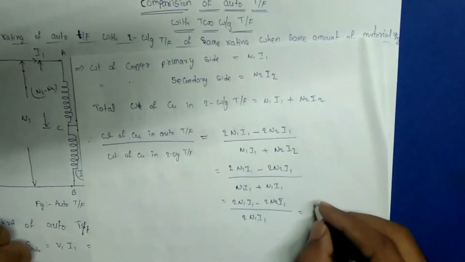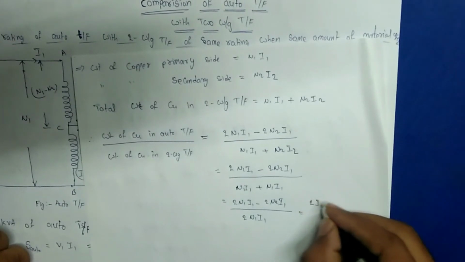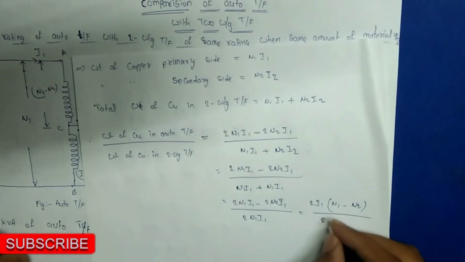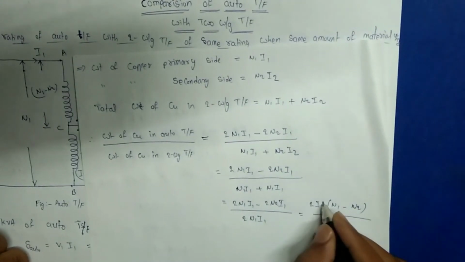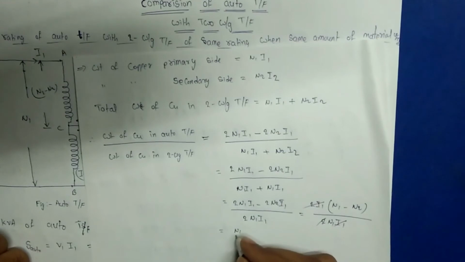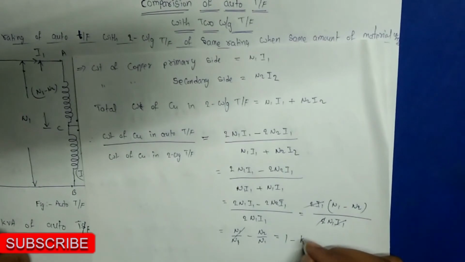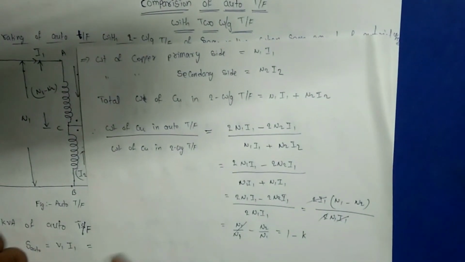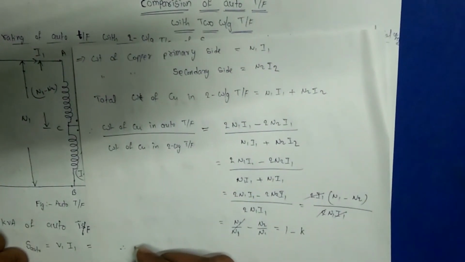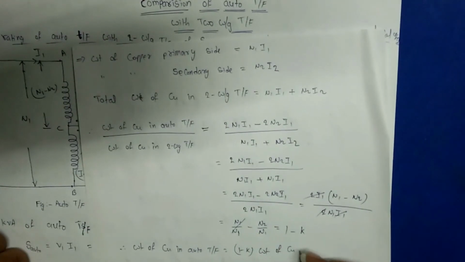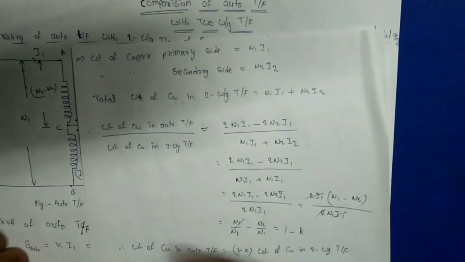Take common 2 I1: N1 minus N2 by N1, as 2 I1 gets cancelled, then N1 by N1 minus N2 by N1 equals 1 minus, by transformation ratio, N2 by N1 is equal to K. Therefore weight of copper in auto transformer is equal to 1 minus K times weight of copper in two winding transformer.